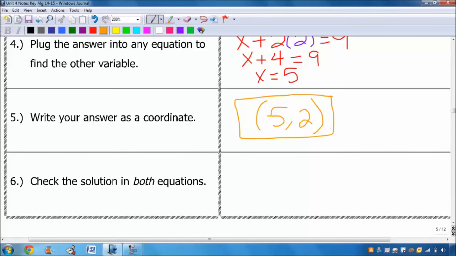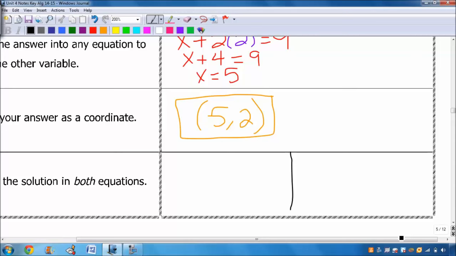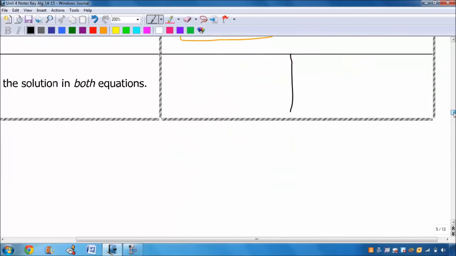I'm going to split this down the middle so that I can check the equation twice, especially since there's two equations, right? So the first equation was 3x minus 2y equals 11.